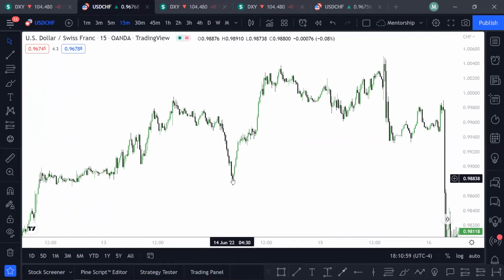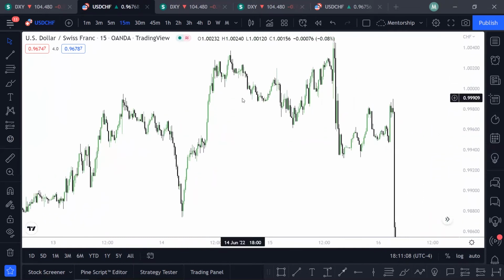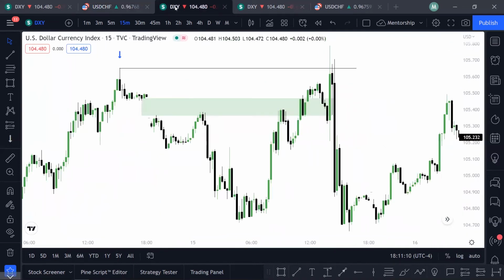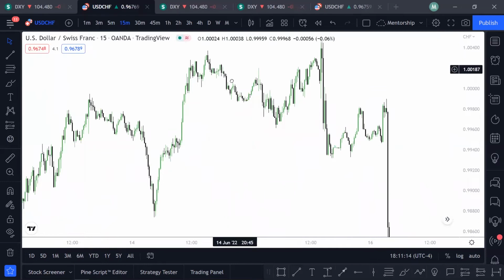Then we have this low, which is not important yet. What is important is what the index is doing, the dollar index.